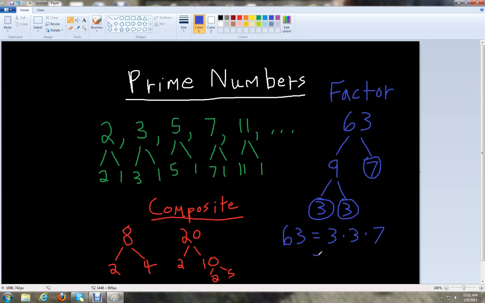And then this equals, if we write 3 times 3, that is 3 to the second power, because we multiplied 3 two times, times 7. So this would be the prime factorization for 63: 3 squared times 7.